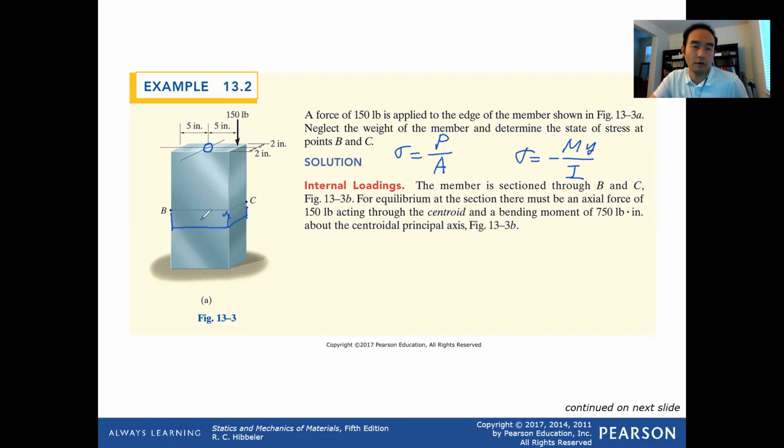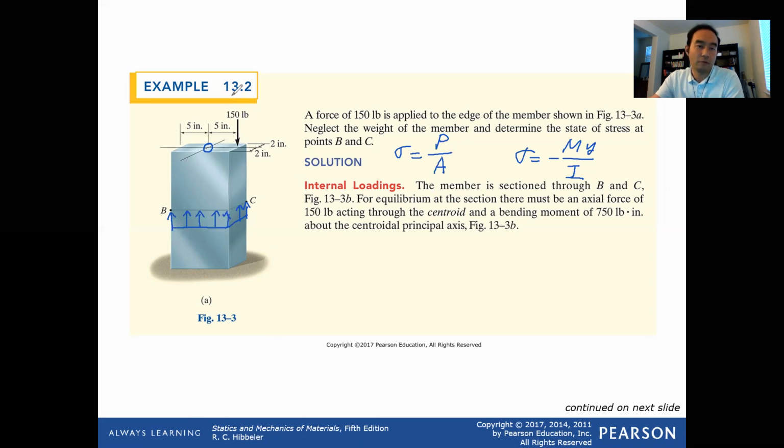So the normal stress due to 150 pounds, if applied at the centroid, is equal to 150 pounds divided by the cross-sectional area, which is 10 inches times 4 inches, and it is going to be uniform.